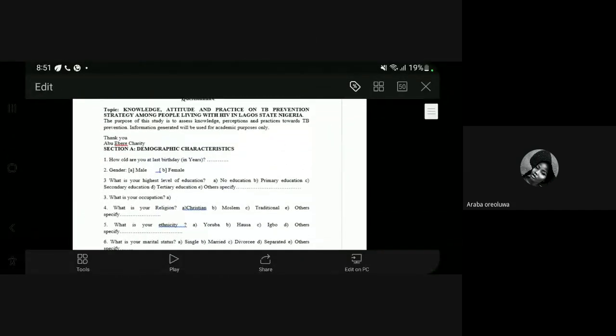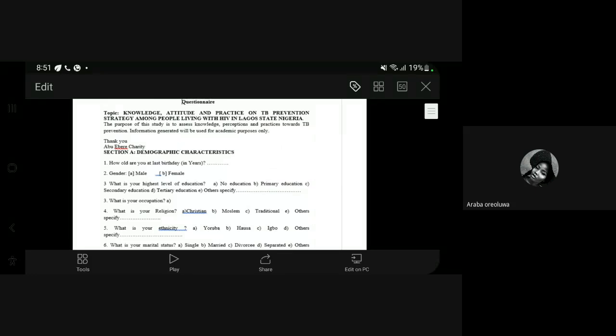Yeah, I can. My research objective might be to determine the level of knowledge of TB prevention strategy among people living with HIV in Lagos State. That can be one of my objectives, right? I can also have this as an objective: assess the attitude of people living with HIV in Lagos State as regards TB prevention strategy.